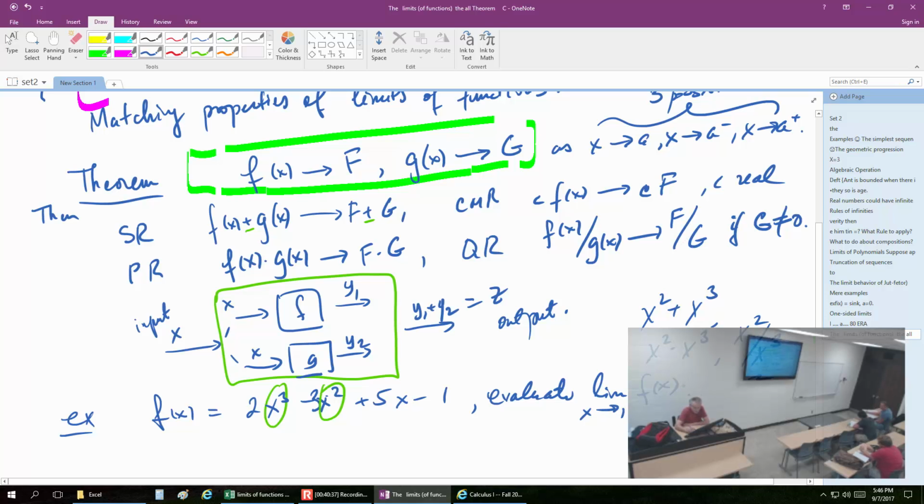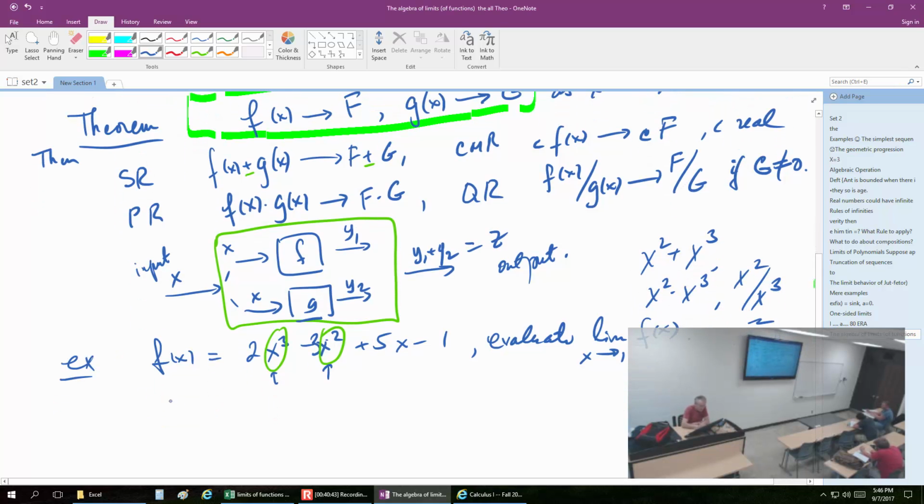So you identify the parts that need to be taken care of ahead of time. I need the limit of x cubed as x goes to 1, and the limit of x squared as x goes to 1. I'll start from the right. Why? Because I want to break it apart. X squared, I'll break into 2: the limit of x times x.